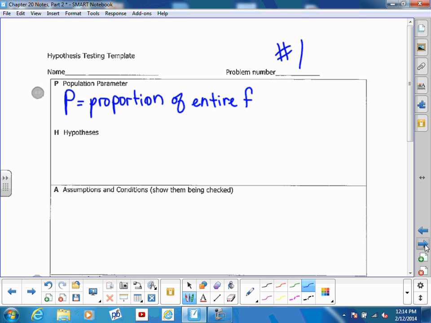The proportion of the entire fleet that fail to meet pollution guidelines. Sorry, I left that out.